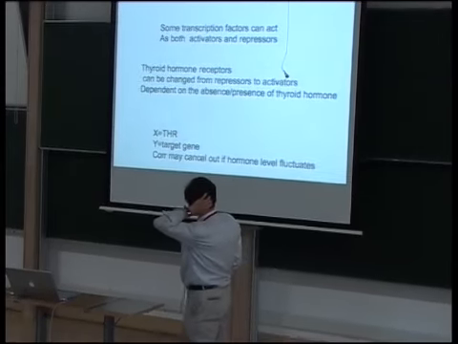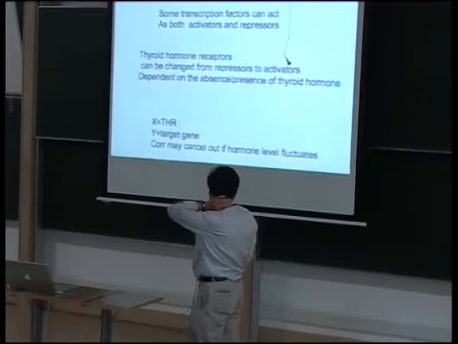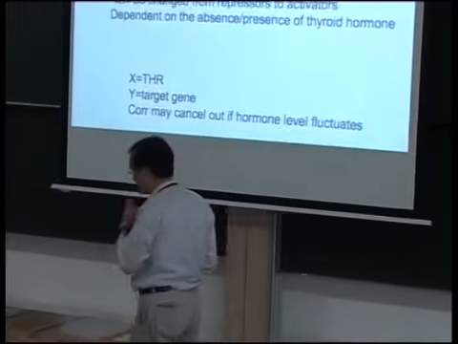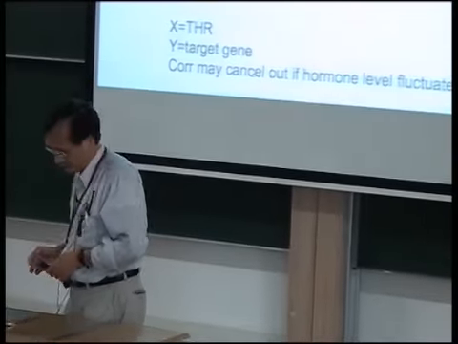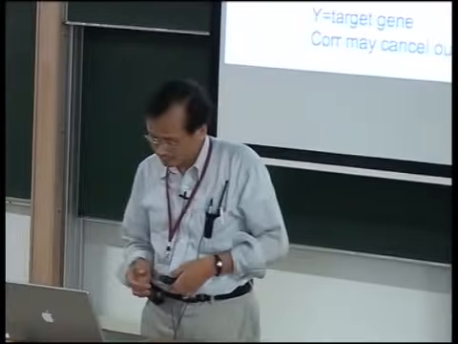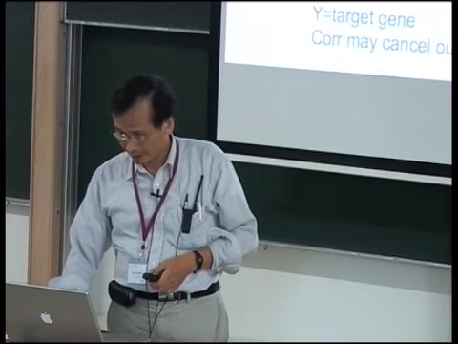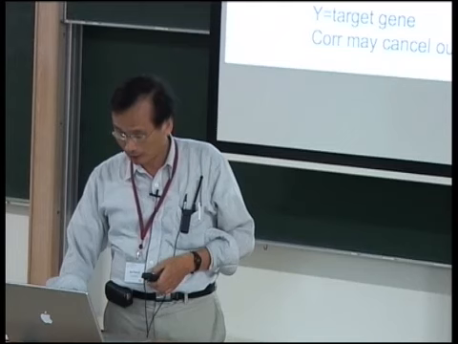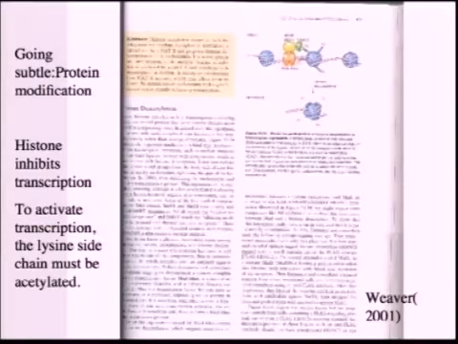There's a transcription factor called the thyroid hormone receptor, which acts like that. The biology is a little bit deeper, but conceptually it's not that hard to explain, so I'll try it here.